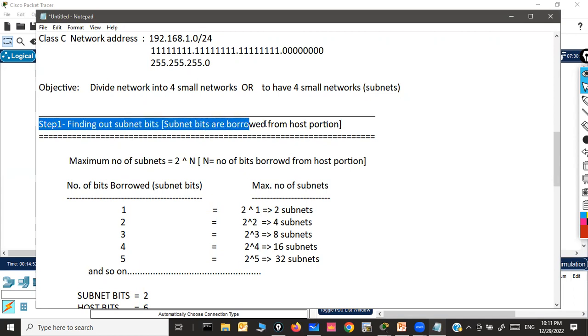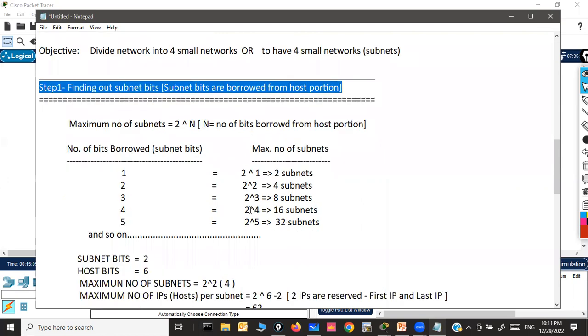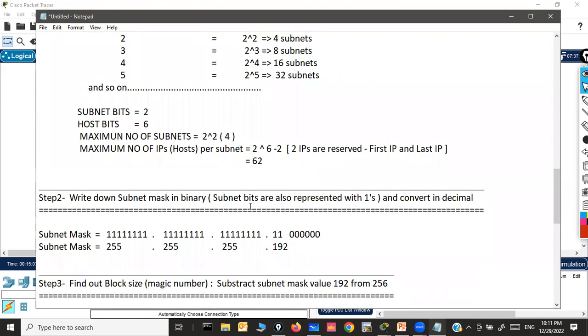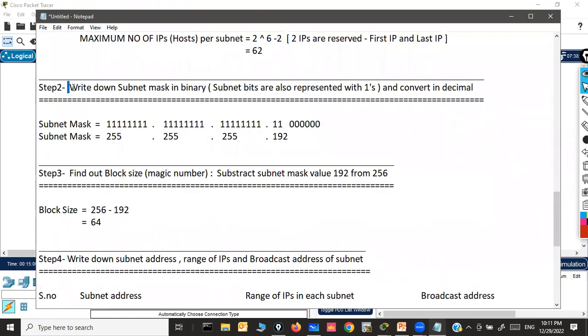But yes, the first step is to find out subnet and host bits. Subnet bits are always borrowed from the host portion, taken out from the host portion. The next step is to write down the subnet mask first in binary and then convert to decimal. The third step is finding the block size, a very easy shortcut method.